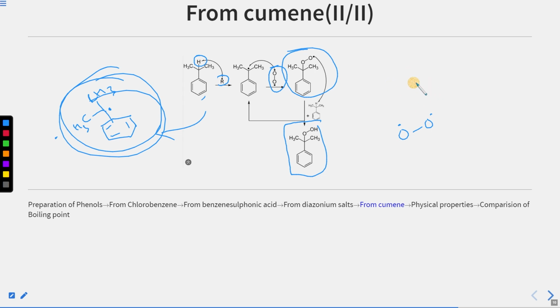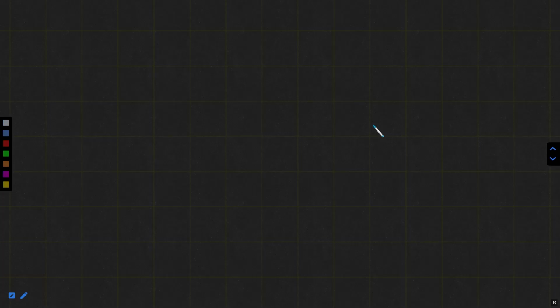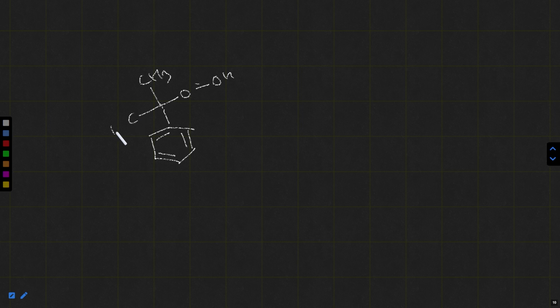Now what we have done, we have hydrolyzed it. So how do we hydrolyze it? Very simple. So this is our cumene hydroperoxide. Let me draw it properly for you. So we have OOH and we have CH3 and CH3.